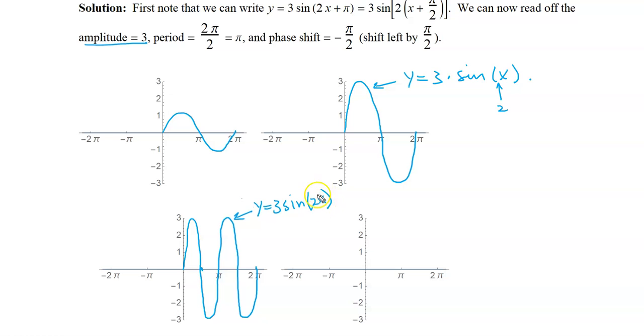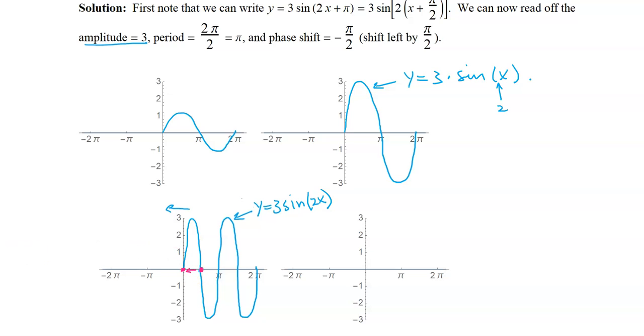Now what we have to do is replace the x with an x plus pi over 2. So that's going to shift this graph to the left pi over 2 units. If we look here, this point right here is at pi over 2 on the x-axis, so this actually has to get shifted to the origin for the next graph.